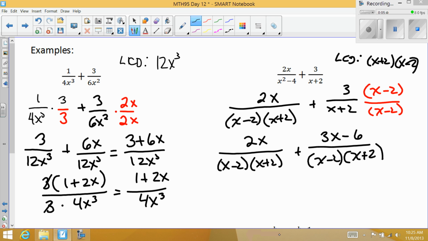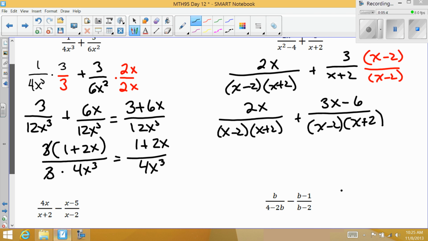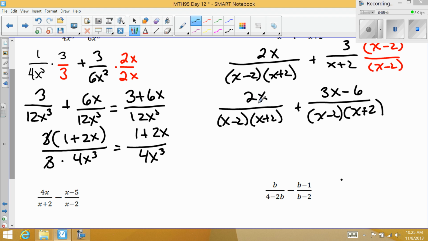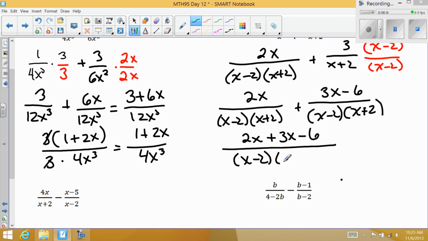Okay, so now that I've got the common denominator here, I can go ahead and add the numerators. So adding the numerators, I'll have 2x plus 3x subtract 6 all over the common denominator.